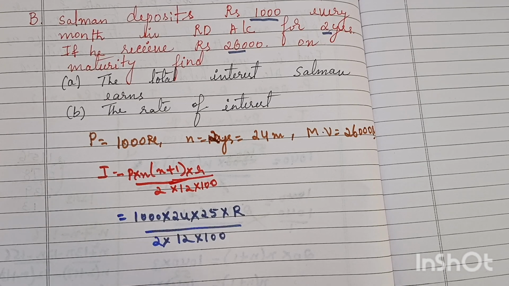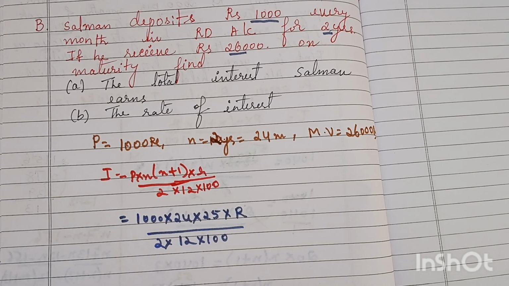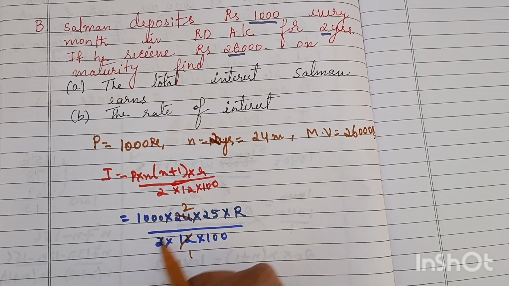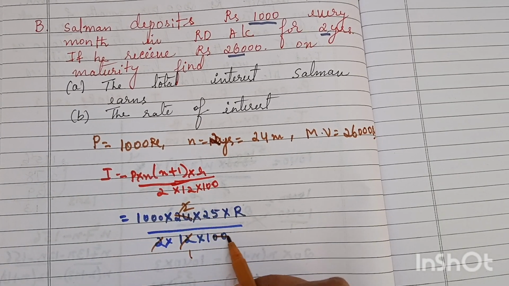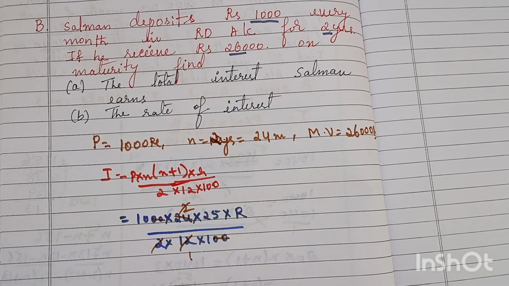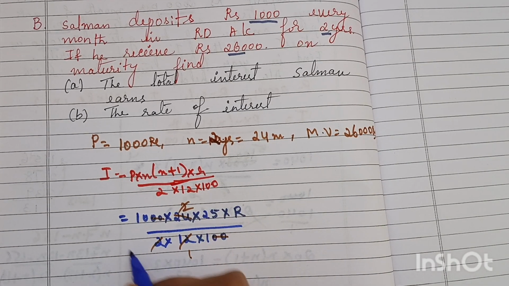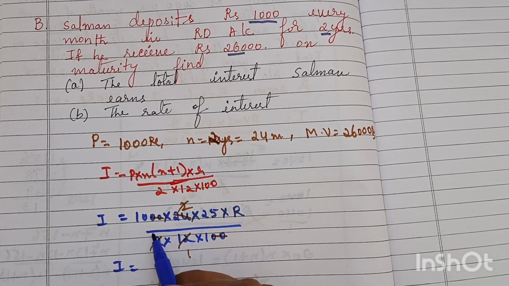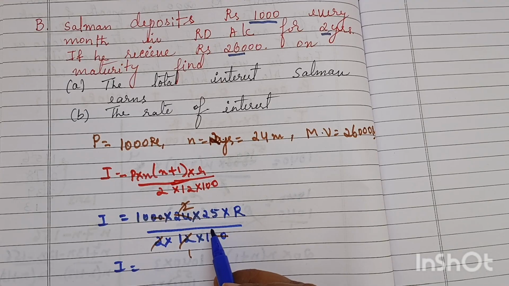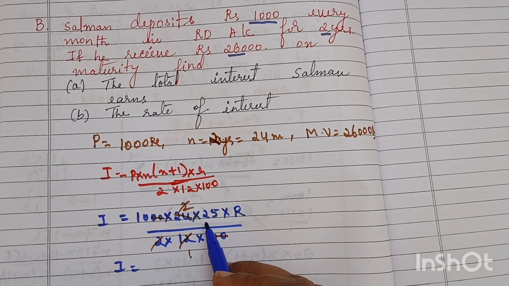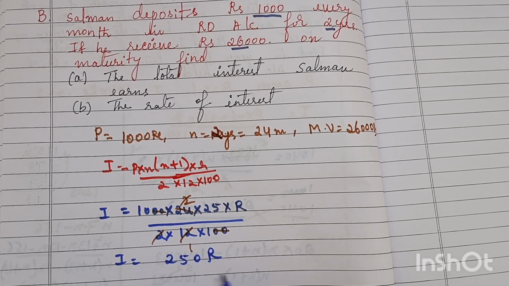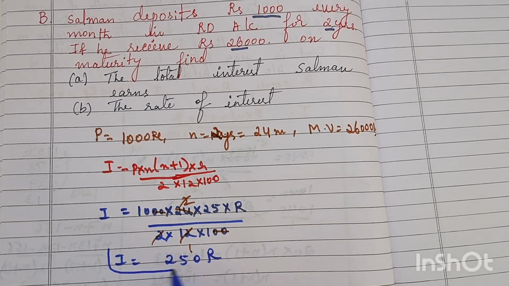Now some things will cancel here. 12 ones are 12, 12 twos are 24, and 2 zeros, 2 zeros cancel. Now remaining is I equal to 1000 into 100, so 10 into 25 is 250 R. So I is equal to 250 R.